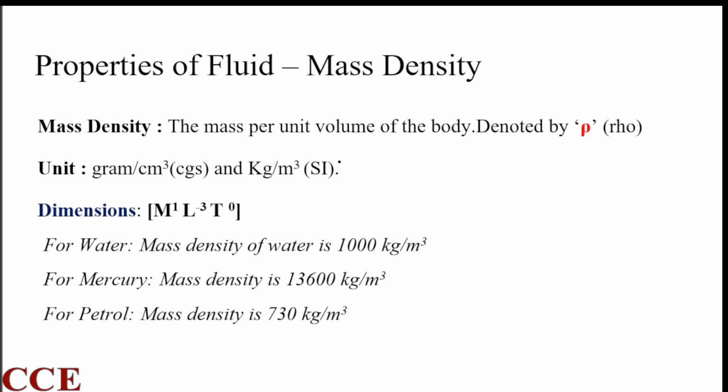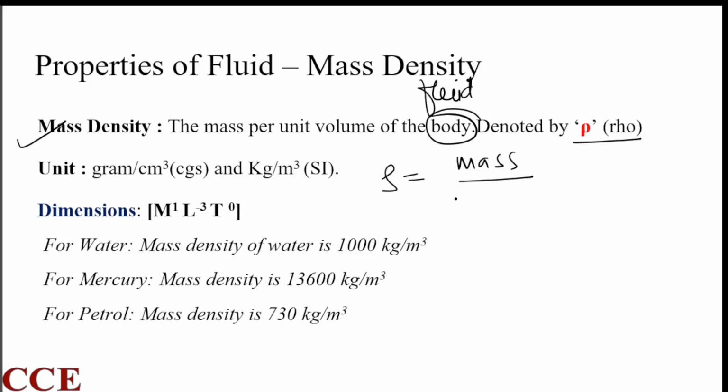The second quantity is mass density. Mass density is the mass per unit volume of the fluid. The notation is rho. So rho is equal to mass divided by the volume.